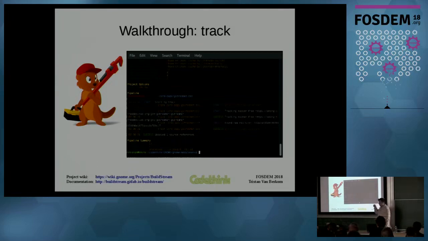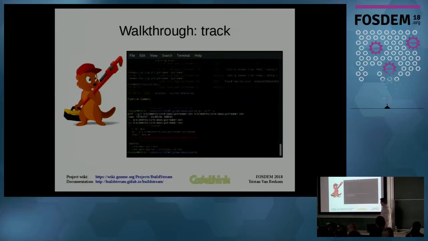So bst track will take the branch information and derive a new commit SHA, updating your project so that you're building the latest of this component. You can do this recursively or not.